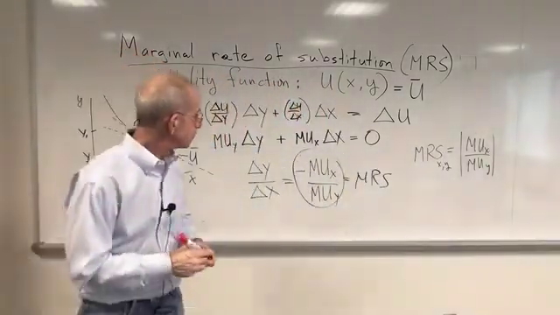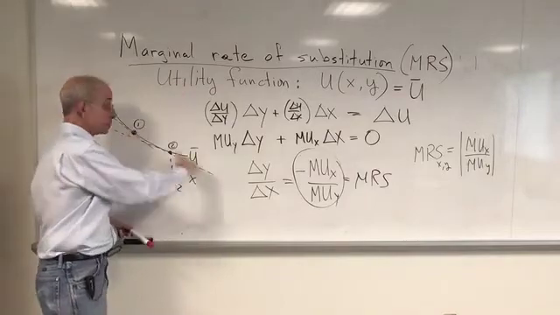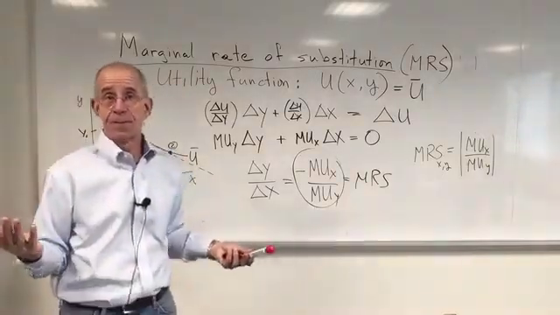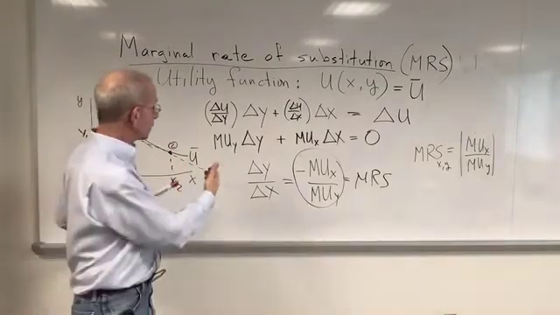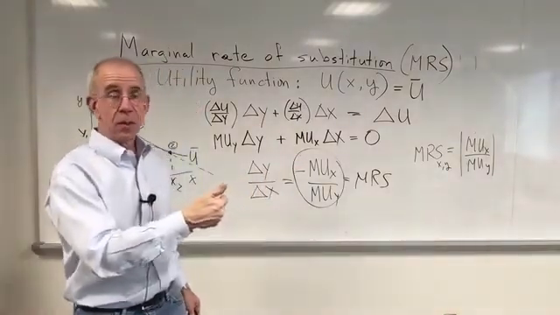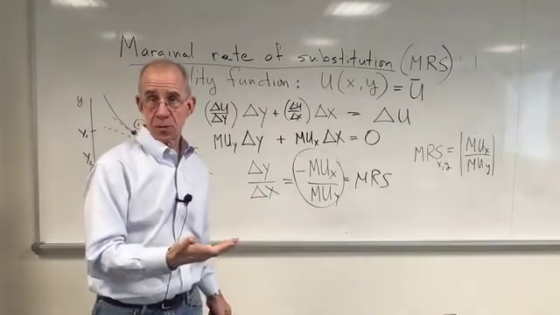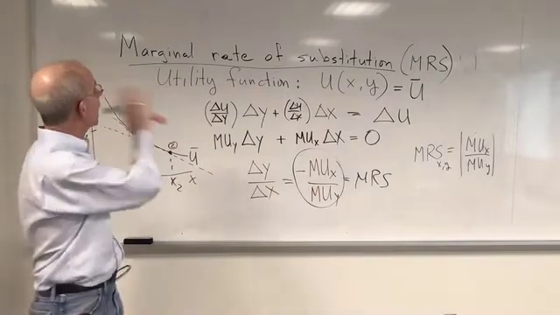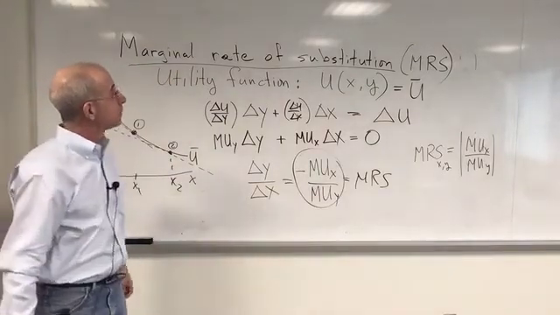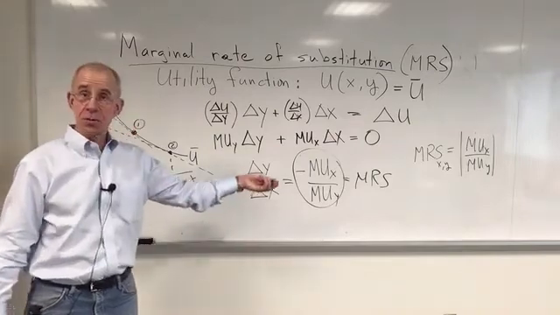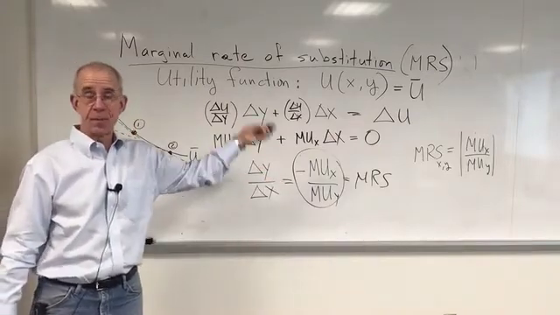But you should keep in mind that it's just the slope of an indifference curve. Now this marginal rate of substitution is going to be closely related to relative prices and consumer choice, which we'll see in another video. But this is how you define and depict the marginal rate of substitution, the slope of an indifference curve.